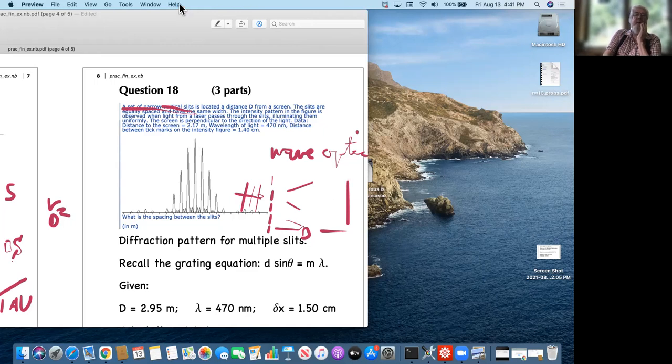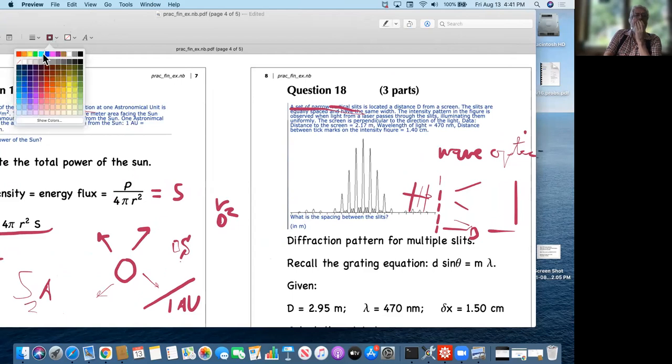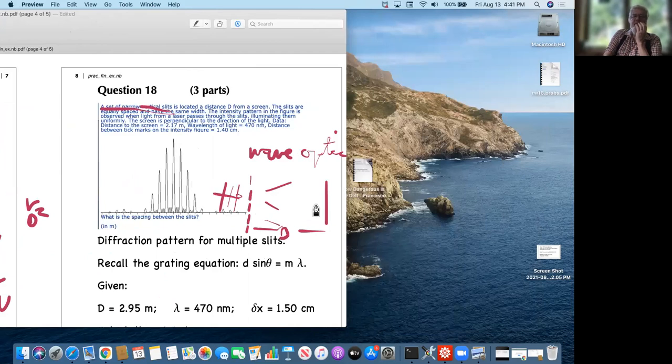So there'll be an interference pattern. Let's put the interference pattern in a different color. So there'll be an interference pattern here. Looks like this.